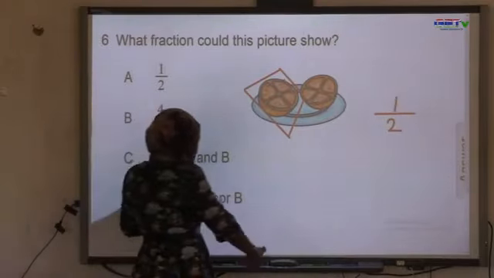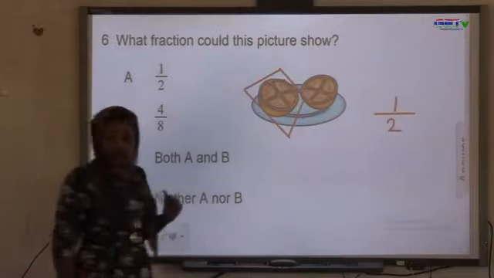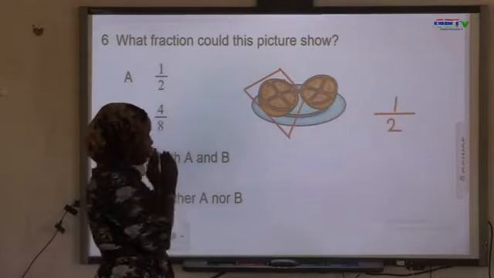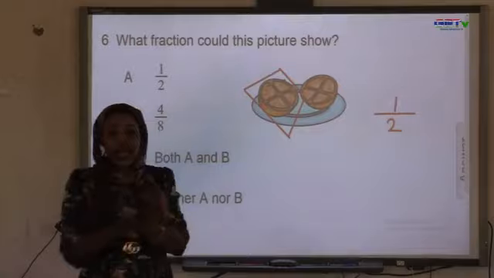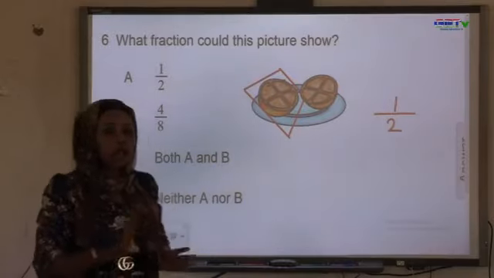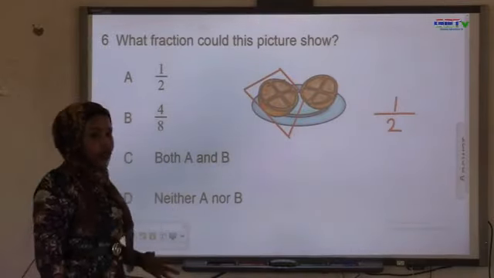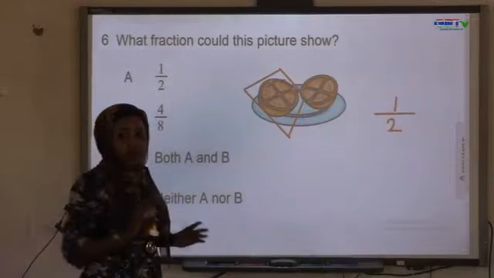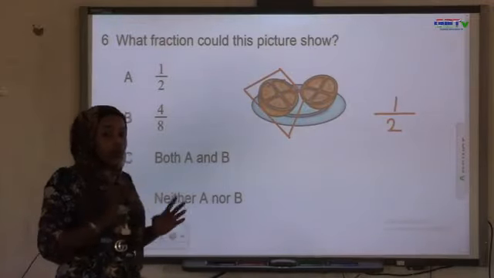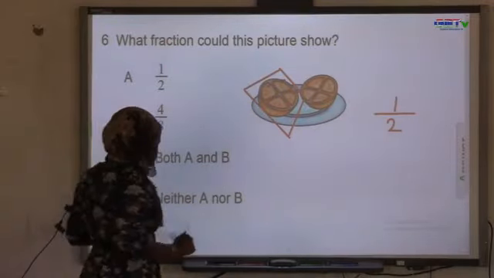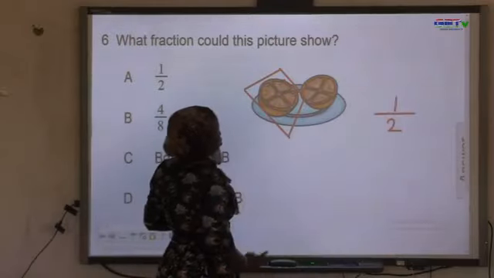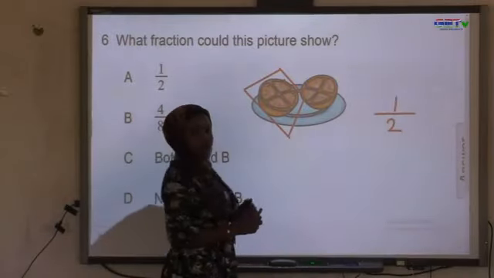Okay? But again, if you closely look at the picture, you will realize that each half is further divided into parts. Can we count how many parts? Let's look at the first half.